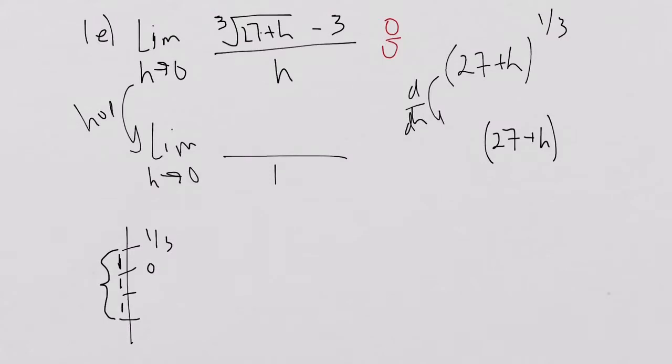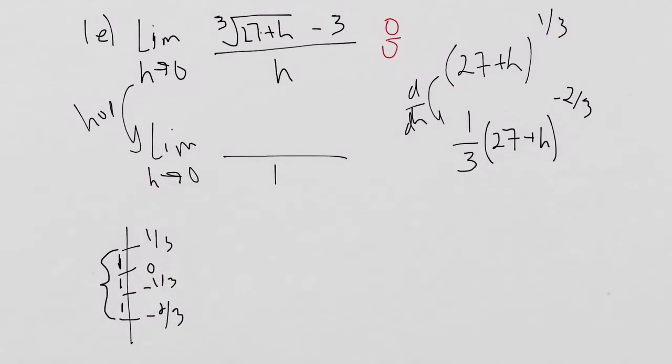So this would be negative 1/3, this would be negative 2/3. People frequently, when they're doing the derivative of a cube root, want to stop here because it's similar to a square root. But you need to go down a full unit, so you should be at a negative 2/3 power. So this is negative 2 over 3, and then I need to multiply out front for my power rule.